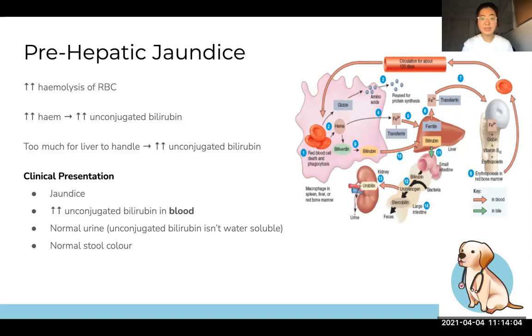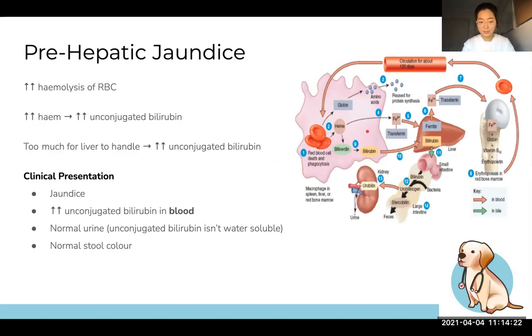So if you have a pre-hepatic jaundice, that's caused by excessive hemolysis of red blood cells. So you've got a lot of red blood cells being essentially killed off, and that will increase the amount of heme that you get, and as a result, increase the amount of unconjugated bilirubin.